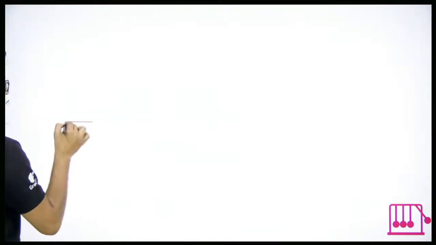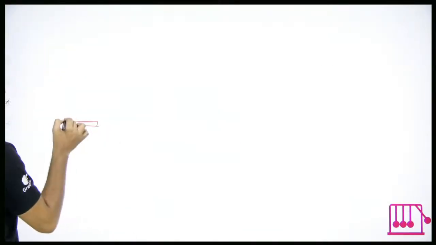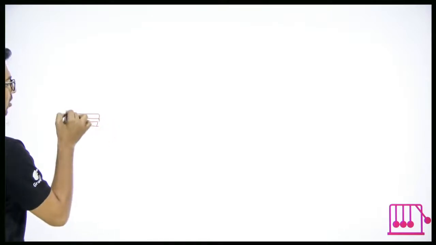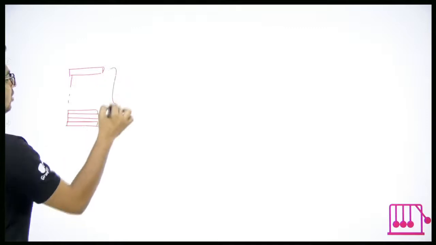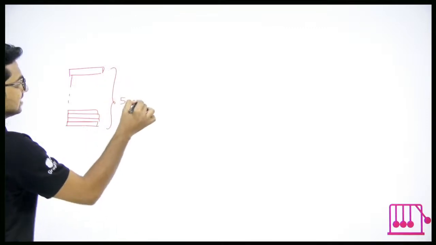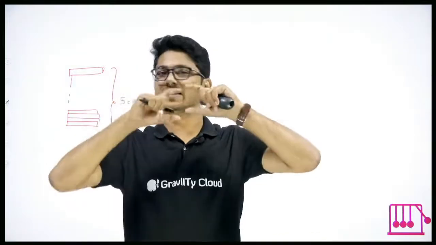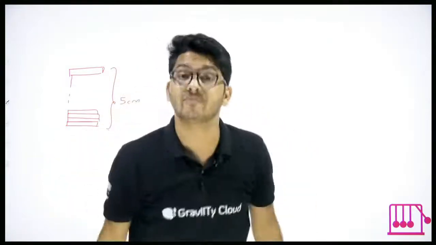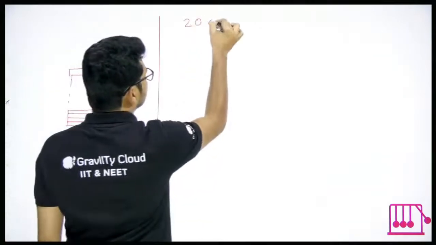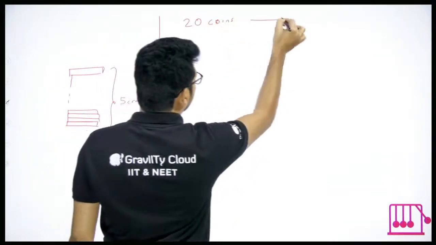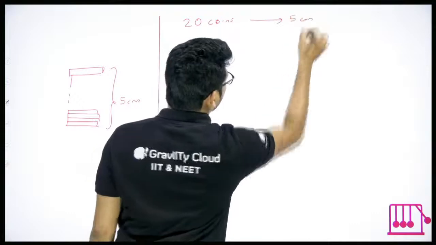See, look at this. If we have 20 coins, like in this way, the 20 coins are placed one above the other. I'm not going to draw all of them. How many coins do we have? 20 coins, and the complete thickness is 5 centimeter. For 20 coins, the thickness is 5 centimeter.